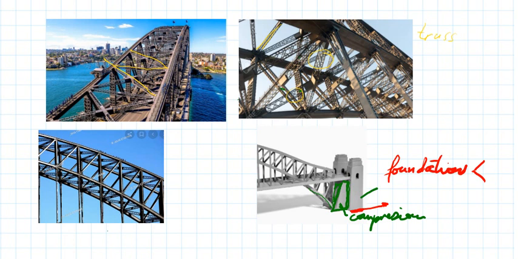And then in these trusses, you can find two types of element: the ties and the struts. Ties are always under tension, and struts are under compression. So you can do it like this, okay?